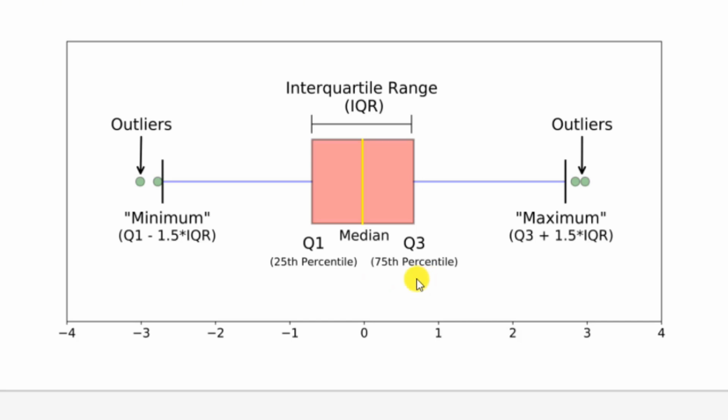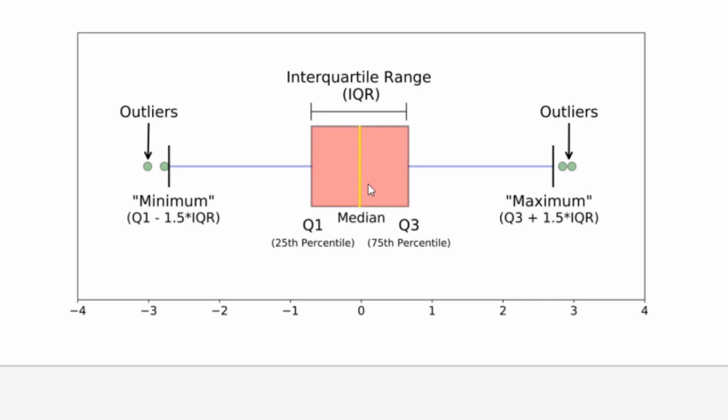So essentially what that means is the middle 50% of all points. So if you had 100 data points, then the middle 50 points are somewhere in this box. This line in the middle of the box then splits up all the points in half. So 50% of the points are on one side of the median, and the other 50% of the points are on the other side of the median.